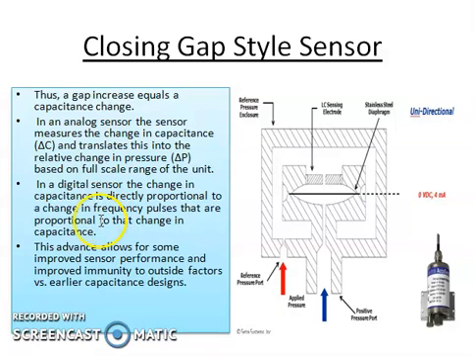This advance allows for improved sensor performance and improved immunity to outside factors. This is the basic principle of closing gap style sensor.